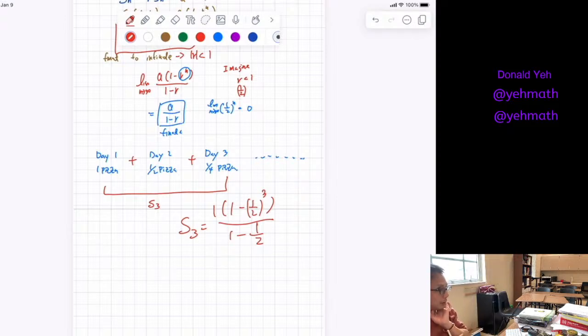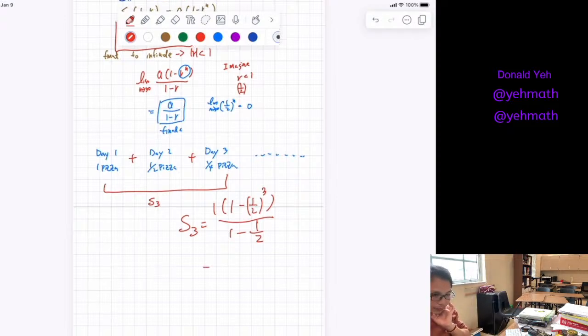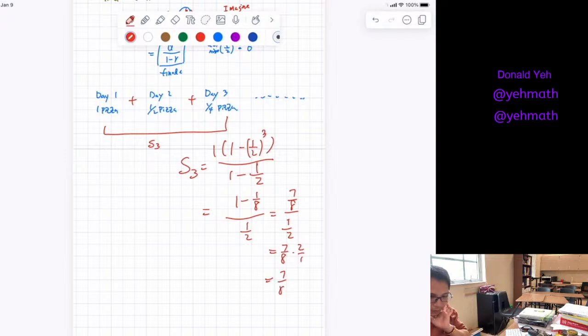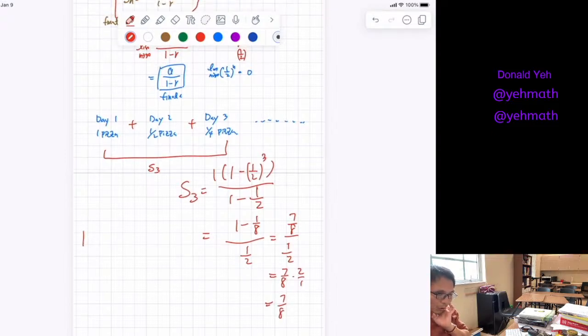S4 would work too if you do it, but I'm too lazy. I'm just gonna do S3 because it's an easier calculation. So 1 minus 1/8 is 7 over 8, over 1/2. That's 7 over 8 times 2 over 1. And 1 plus 1/2 plus 1/4 is equal to 4 over 4 plus 2 over 4 plus 1 over 4, 7 over 4.